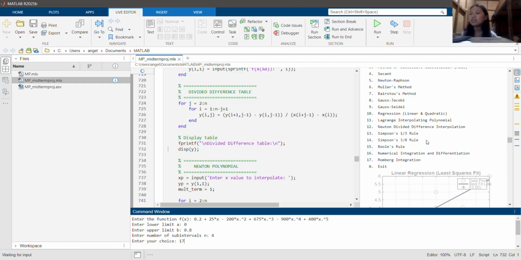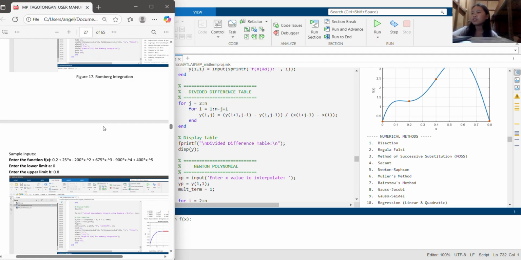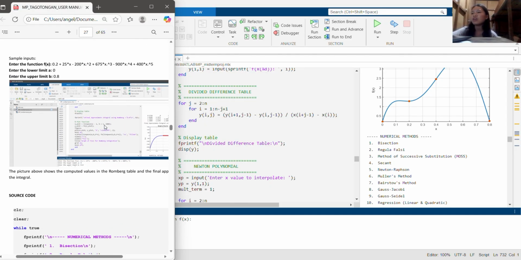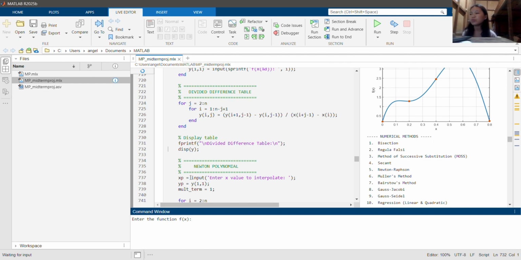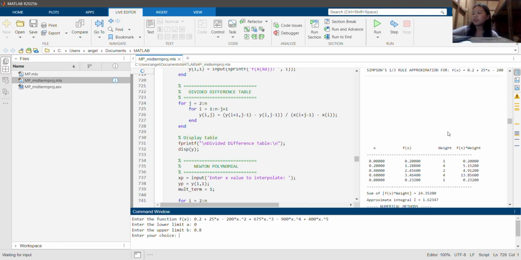And lastly is the Romberg integration, which is the last choice, or number 17 in our menu. So enter our function, which is the same as the previous one. Also the lower and upper limit, which is 0.0 and 0.8.